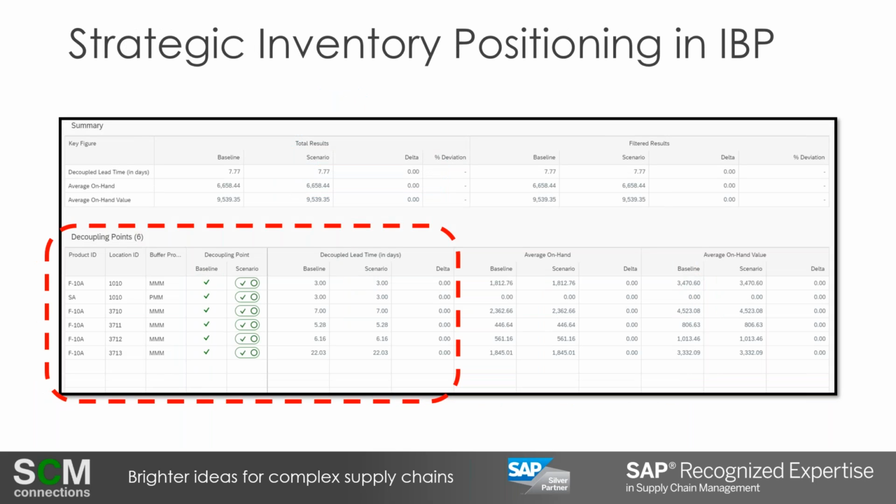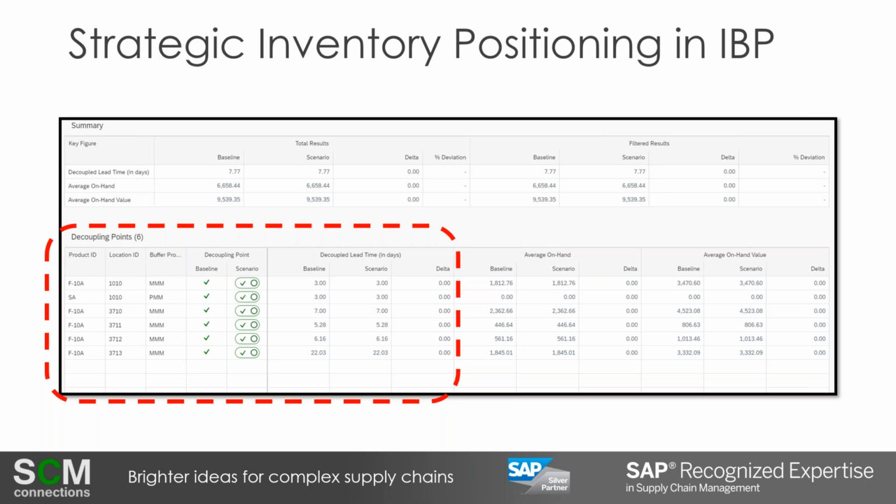As far as IBP, one of the algorithms is the recommended decoupling points, where IBP will calculate where your strategic decoupling points need to be placed across the entire supply chain network. The algorithm uses buffer profiles and other master data elements to calculate not only the strategic decoupling points, but also how much inventory to position at each of those points.